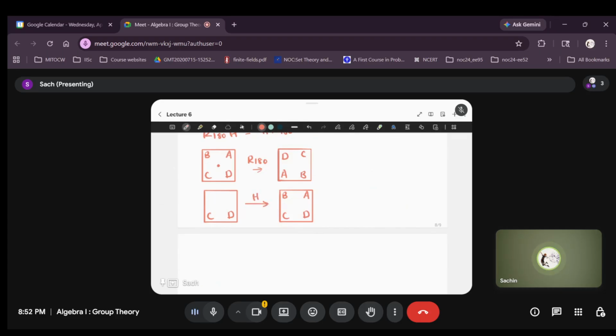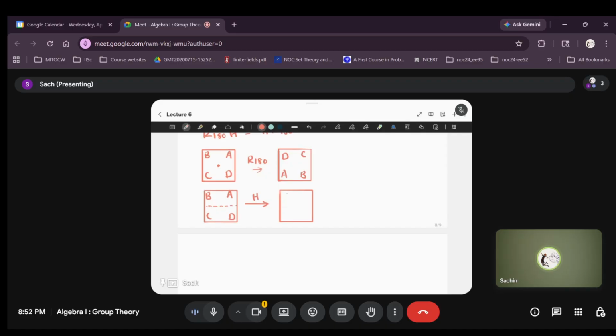So H is a flip about the horizontal axis. So what you do is you have A, B, C, D, and you interchange the letters that are on the opposite side of the horizontal line.